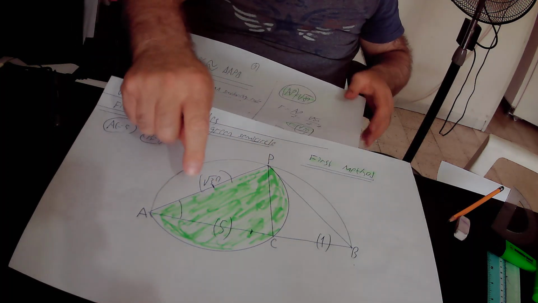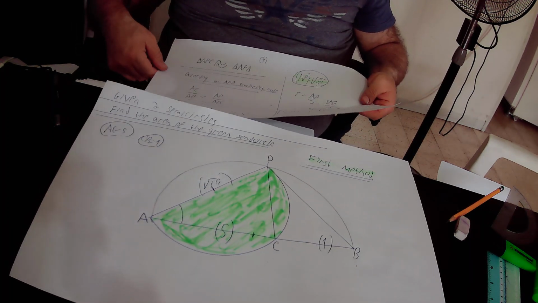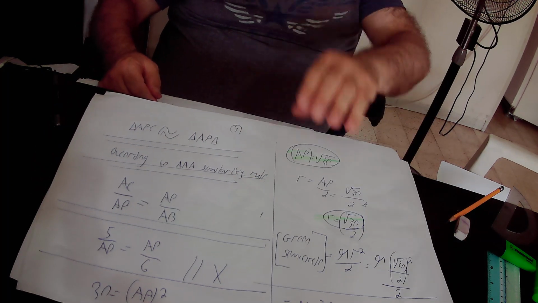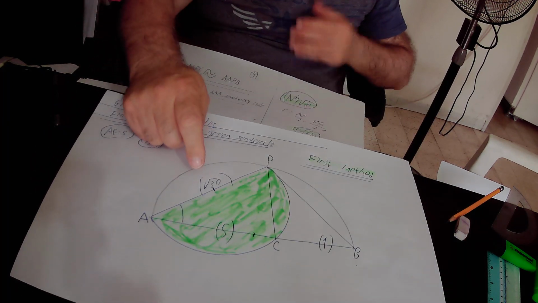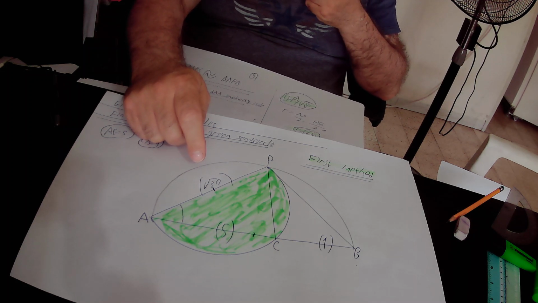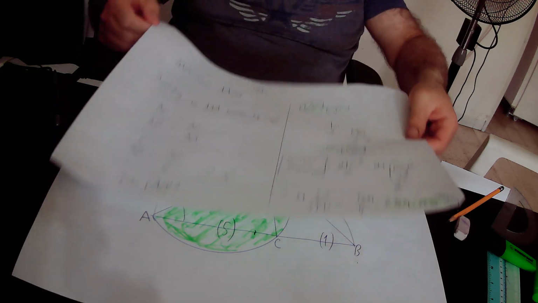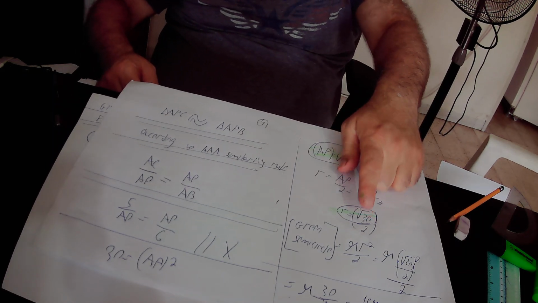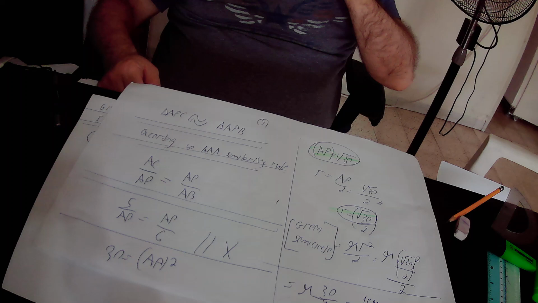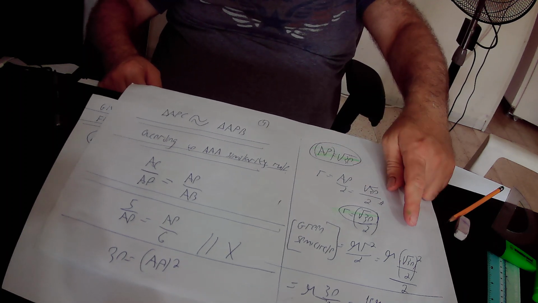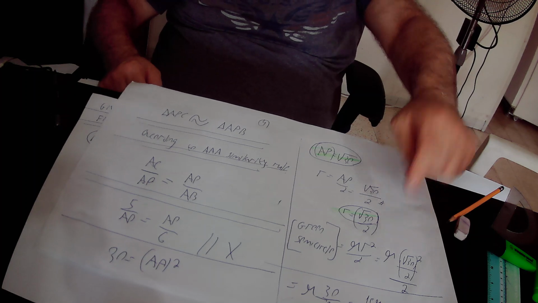So we found out that the radius of this green semicircle equals square root of 30 over 2, and the area of this green semicircle equals the area of the circle, that is pi r squared, over 2. Again, the area of the green semicircle equals pi r squared over 2. So it is pi, r is square root of 30 over 2, therefore r squared is square root of 30 over 2, squared, divided by 2.